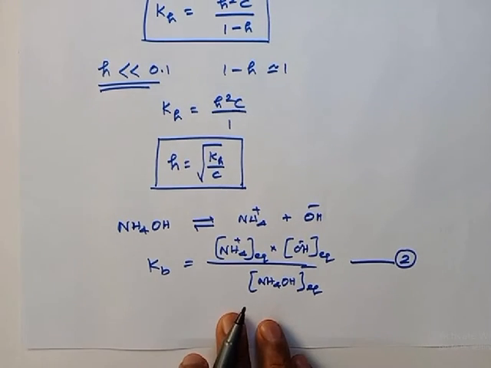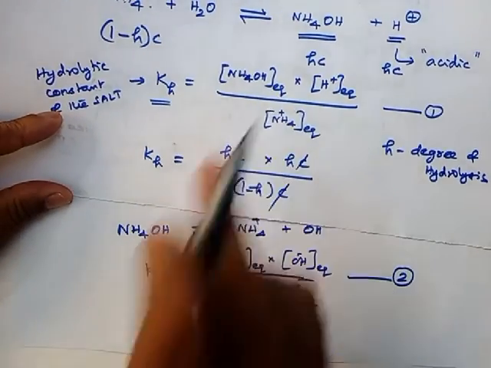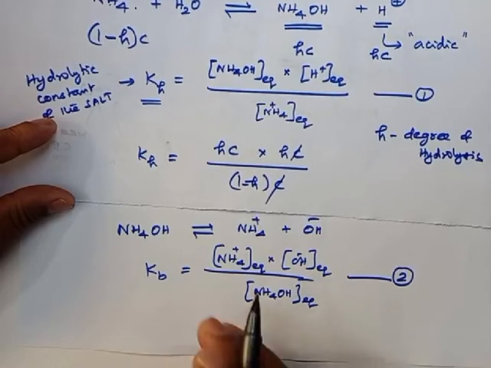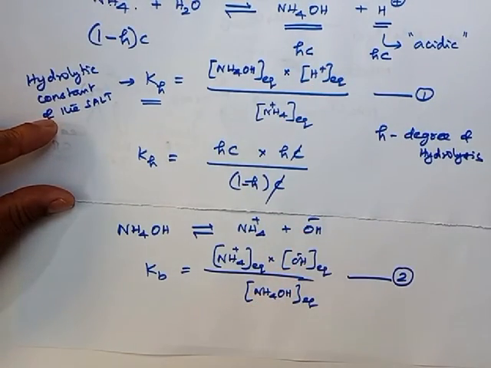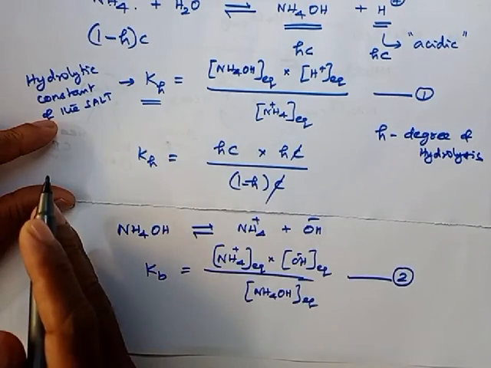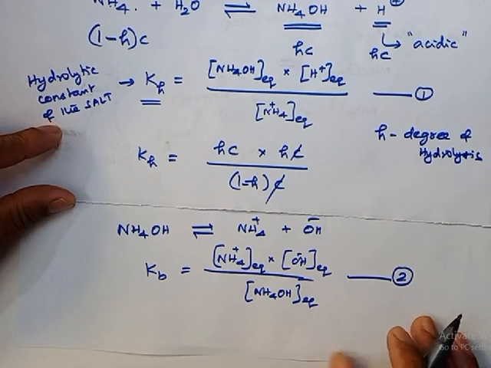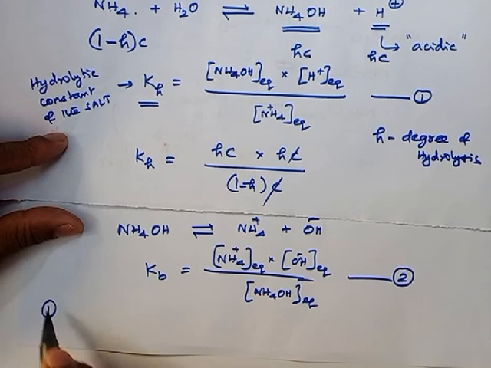Now what I'm going to do is multiply equation 1 and equation 2, left hand sides separately and right hand sides separately.